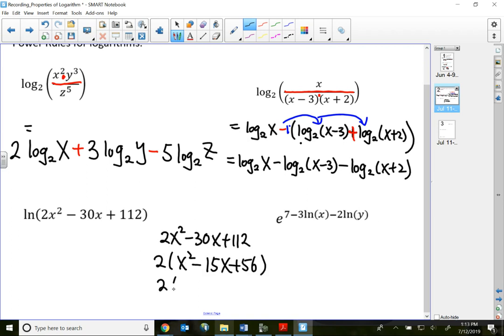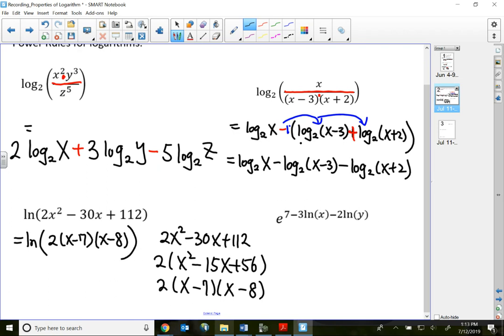Factor again, the trinomial here, I will end up using 7 and 8. Since the last sign is positive 56, both of these will be negative to end up with negative 15. So this is basically natural log of 2 times x minus 7 times x minus 8.